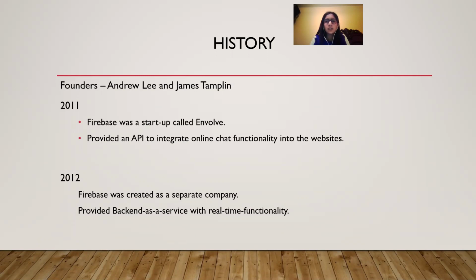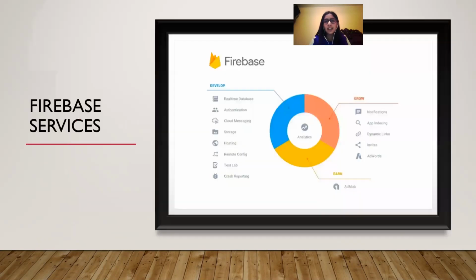They started using it to get real-time state across the website. They started using it to build games. In 2012, the founders separated Firebase as a separate company. They separated the real-time part from the chat functionality. And then Firebase was created as a backend as a service with real-time functionality.